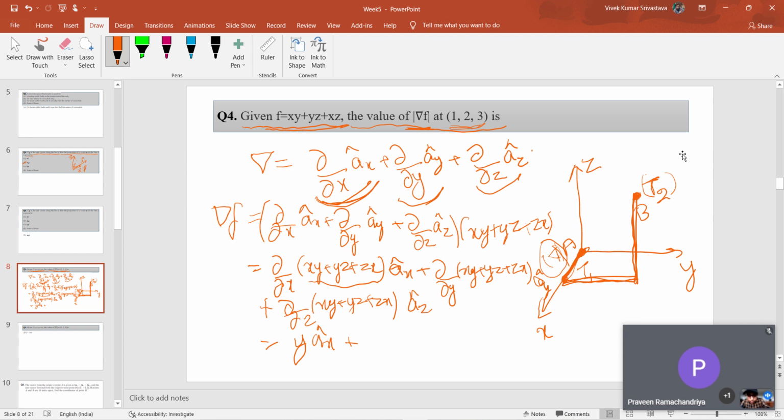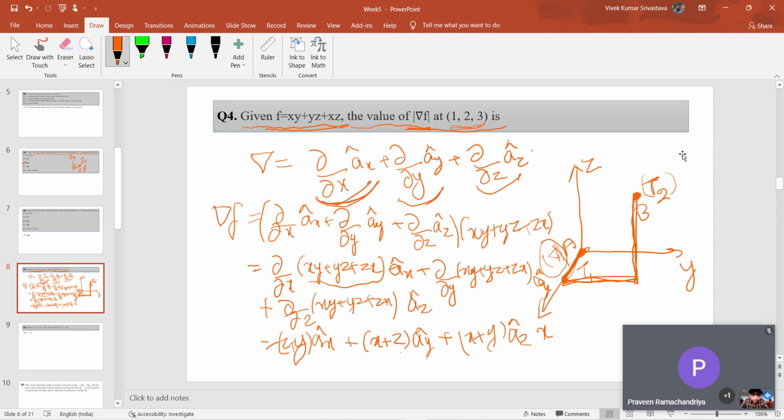Sorry, here this will be z plus y. Similarly here you get x plus z into ay, and similarly here you will get x plus y into az.